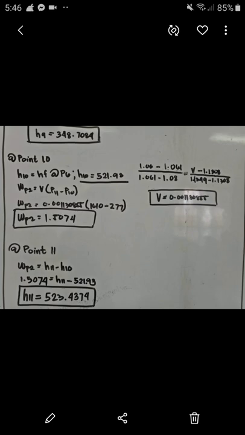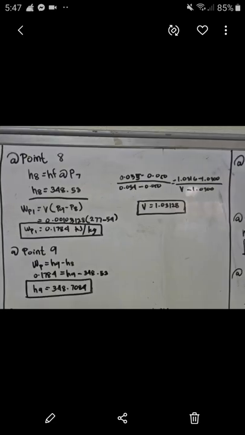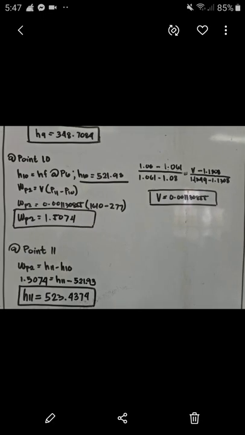At point 10, the same process also at point 8. Same process of this point 8. So we have the work pump 2, 1.5074.